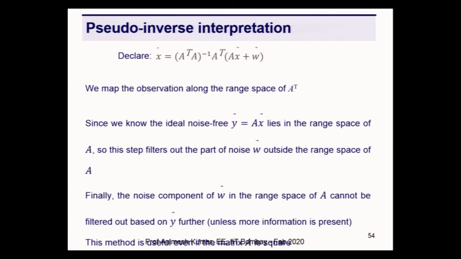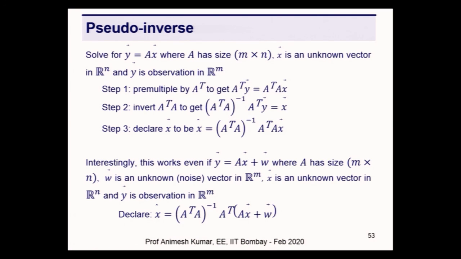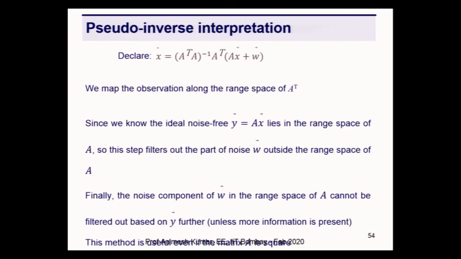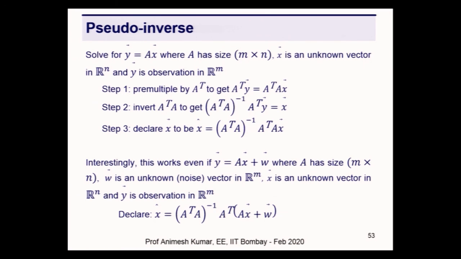So the first thing that we are doing is we know that my measurement Y is, one way to understand the Y vector is that it is in the row span or the range space of A transpose. That's because Y is obtained after a linear transformation of the X vector.